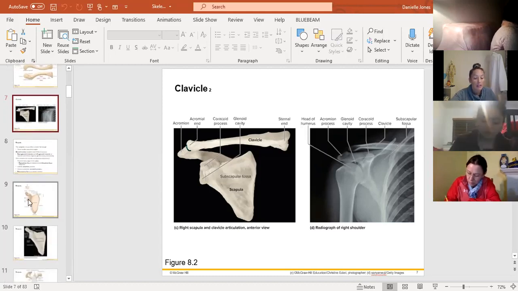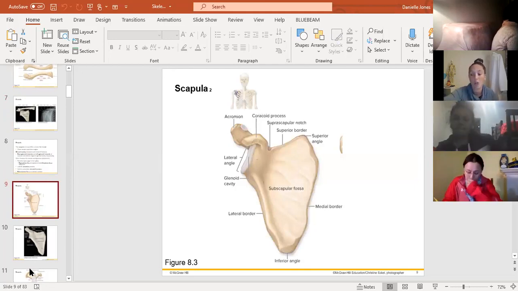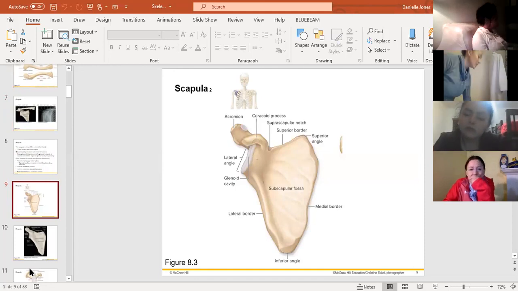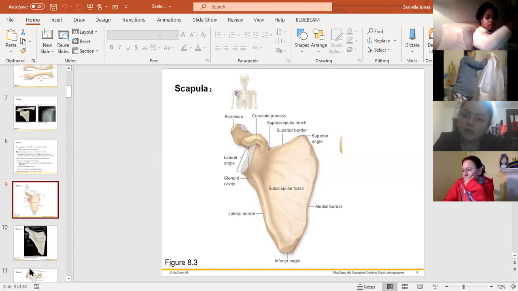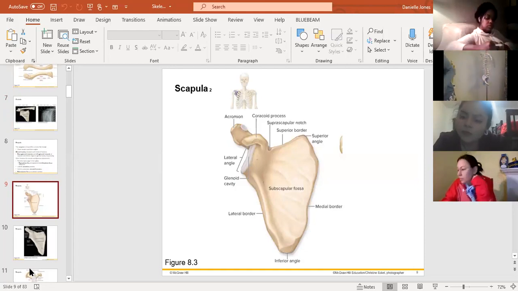Now, if we're looking at the scapula, there's a few different views of the scapula. There's the anterior view, posterior view, and the lateral view. When you look at the anterior view, you basically are looking at this smooth side right here. If we were to look at the anterior view on a skeleton, we have to take into consideration that we're going to be looking through the rib cage.